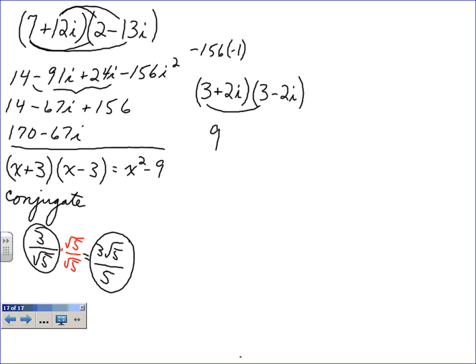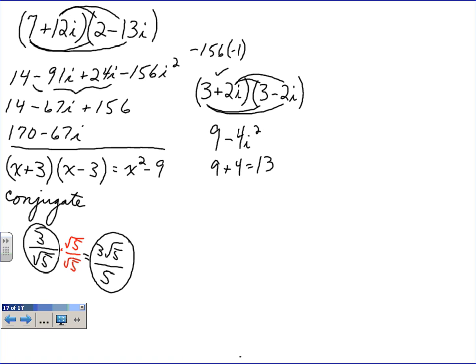The outside terms, negative 6i and a positive 6i, will cancel each other out. And then 2i times negative 2i is a negative 4i squared, which becomes a positive 4. And 9 plus 4 is 13. So if I multiply a complex number by its conjugate, the result will be a real number. Okay, we've eliminated the i's.